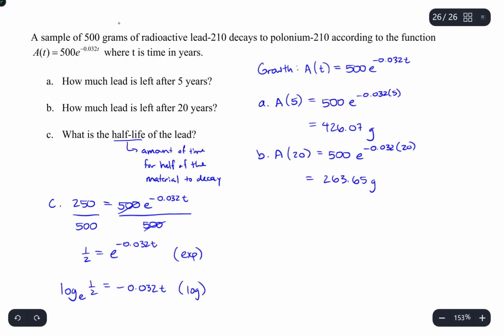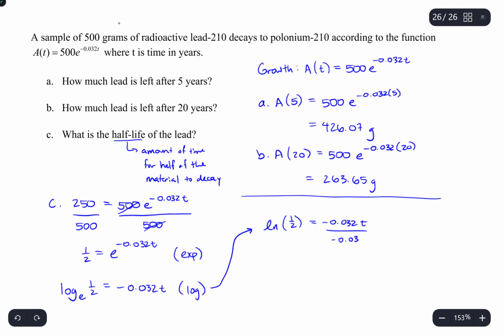This is my equivalent log form of this expression. Log base e we know to be the natural logarithm, so I'll write that as ln of 1/2 equals negative 0.032 times t.